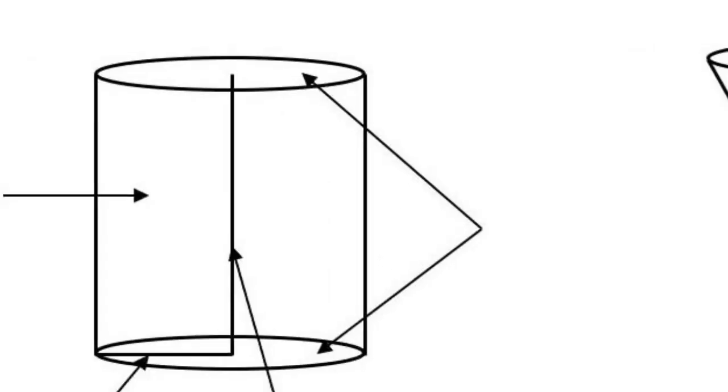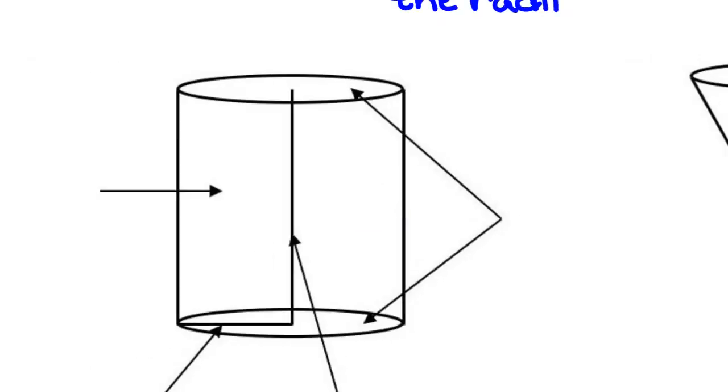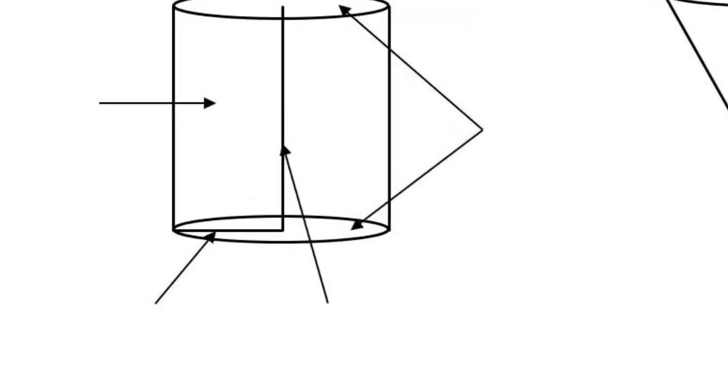The axis of a cylinder is what connects the two bases.